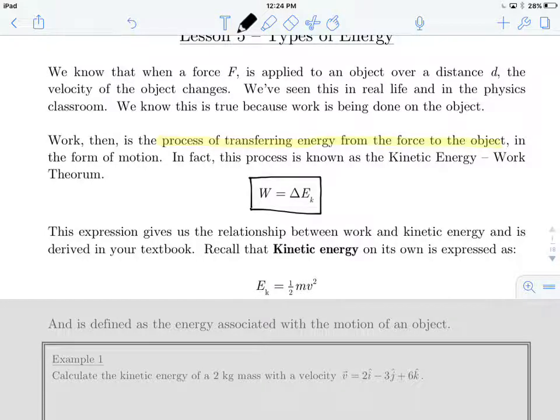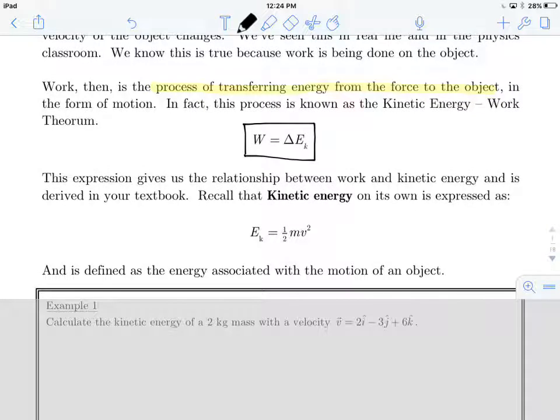Okay, and we've seen previously in different courses that kinetic energy is given by the expression EK equals 1/2 mv squared. And if you want to see a derivation of this, take a look at your textbook, and it will most certainly give you that.